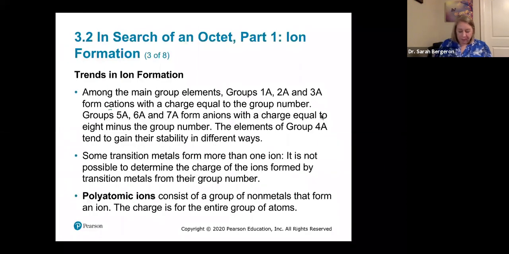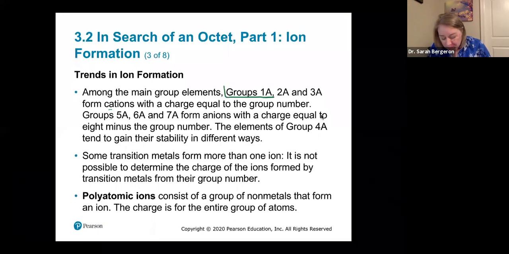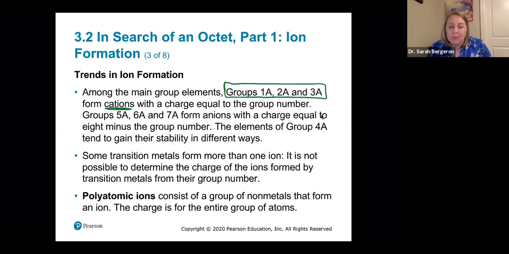All right, so if you look at the periodic table, it's very easy to identify what ions form. If you're in the metals, so groups 1, 2, and 3A, these form cations. And the cations are going to form with a charge equal to the group number.